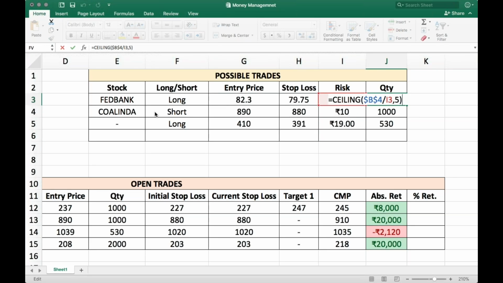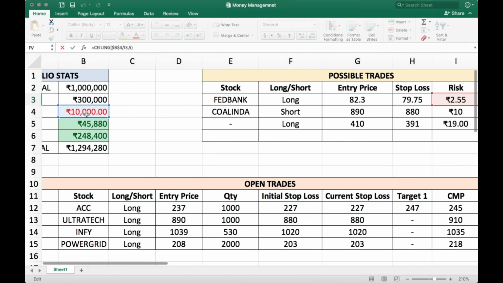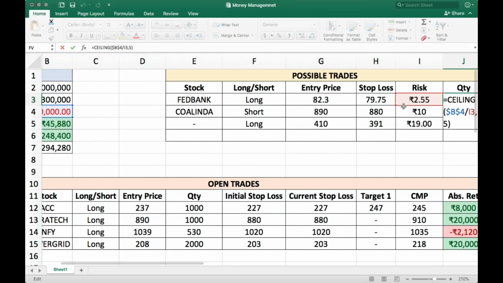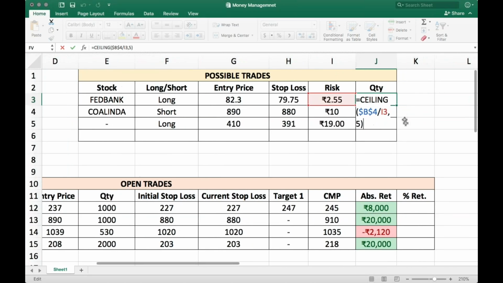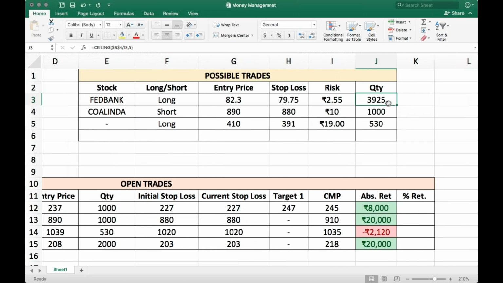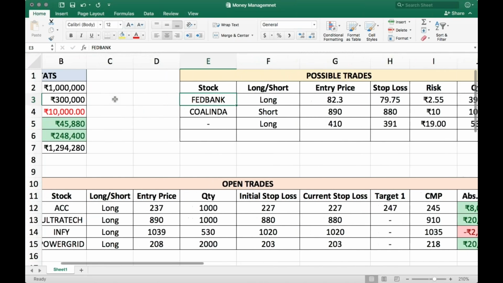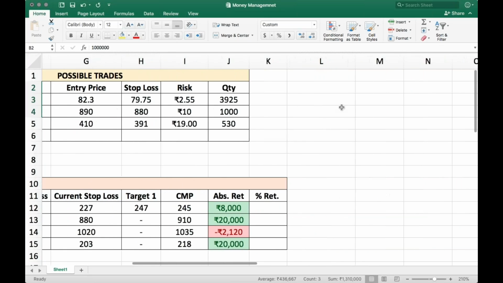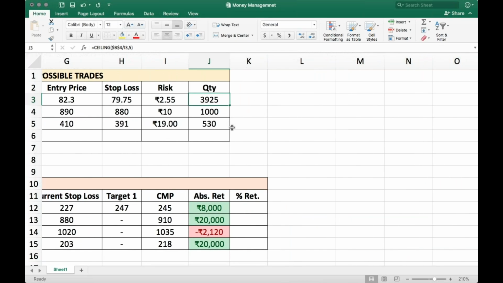It is calculated based on 10 lakhs as the total risk and 2.55 as the risk per share. Divide it, you will get 3925. So if I'm going to buy Fed Bank tomorrow with these parameters, I should buy 3925.